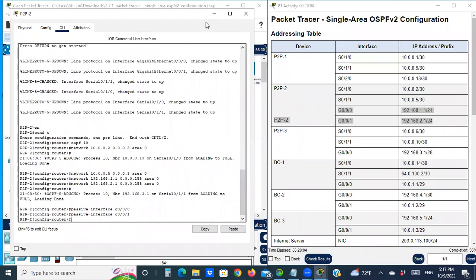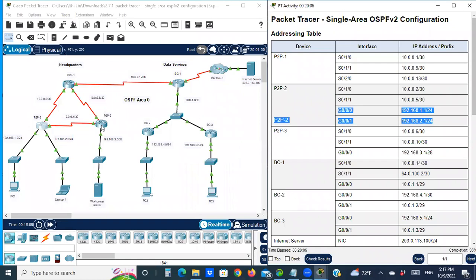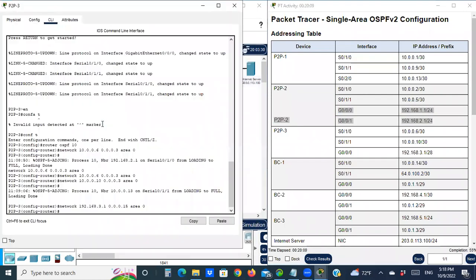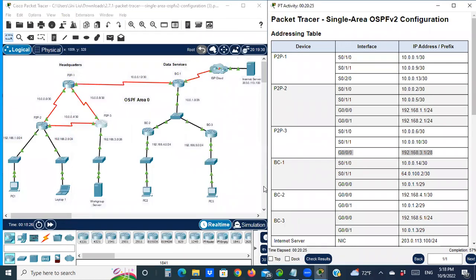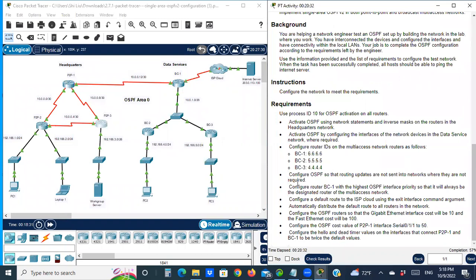Okay, good. P2P2 and the P2P3. P2P3, this is a local one. Passive interface G0/0. Okay, good. So we finished these 2. Okay. Next, yeah, that is the network.